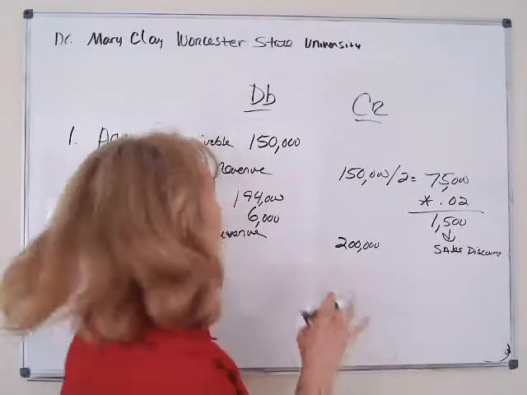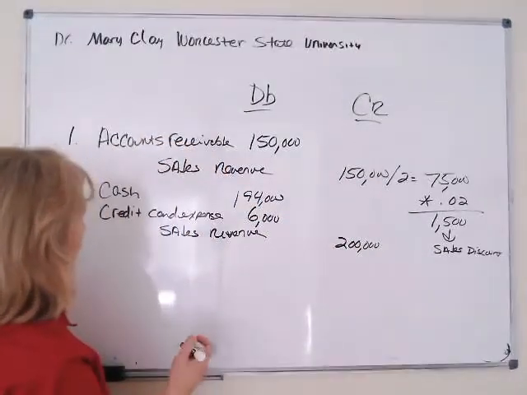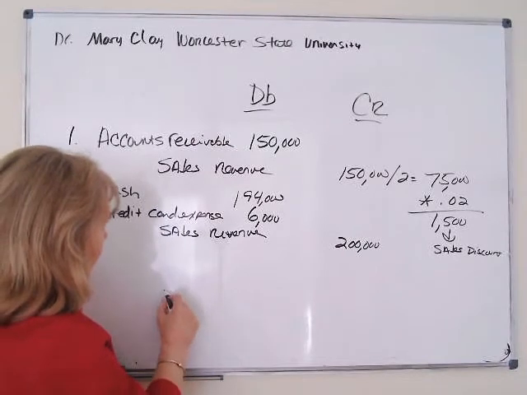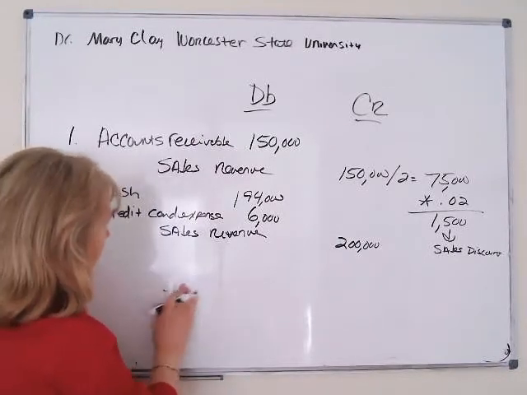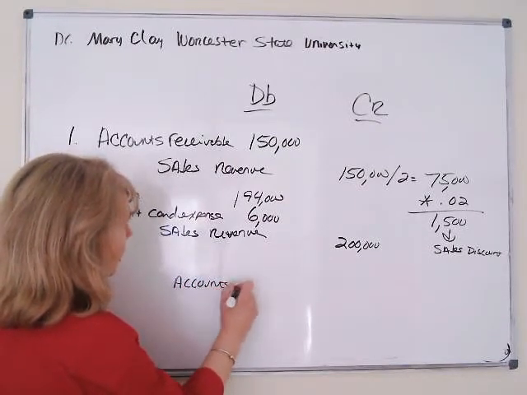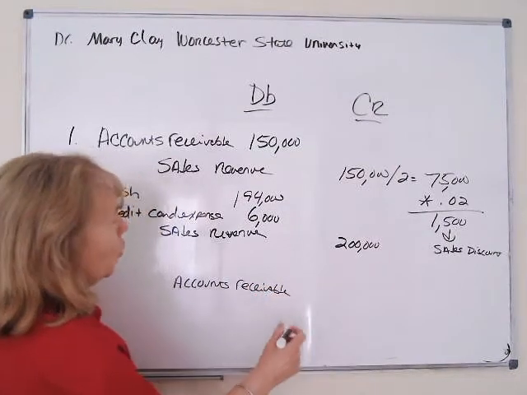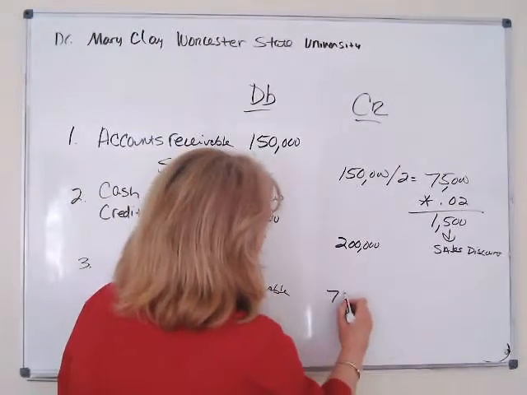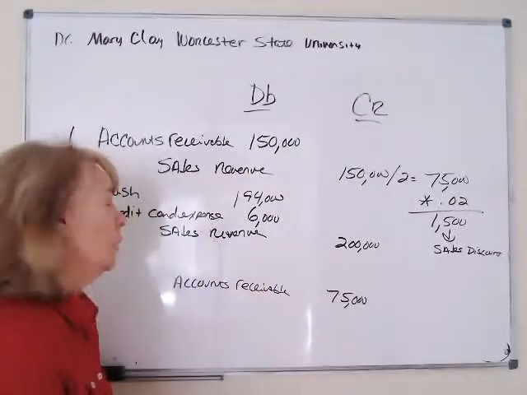Don't double count. We will affect the accounts receivable. So I'm going to credit, and this is number 3, I'm going to credit accounts receivable for $75,000. Okay, that's one piece of the puzzle.